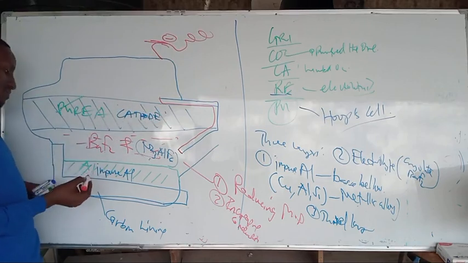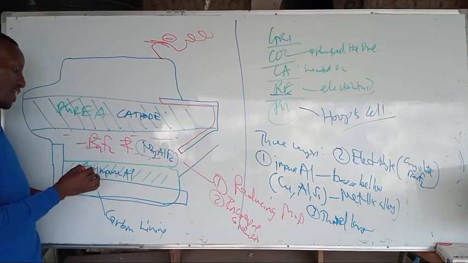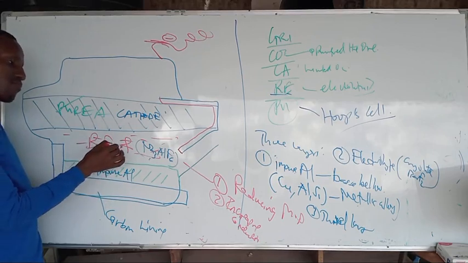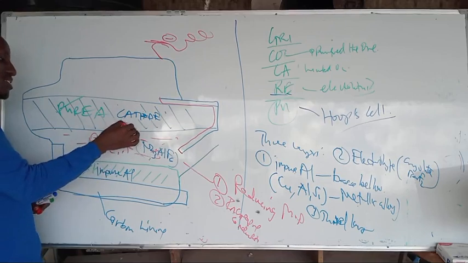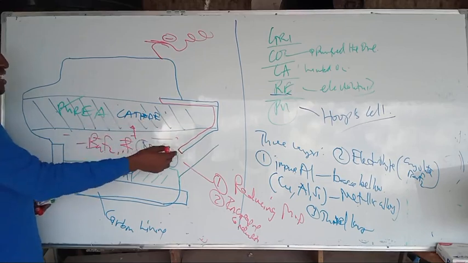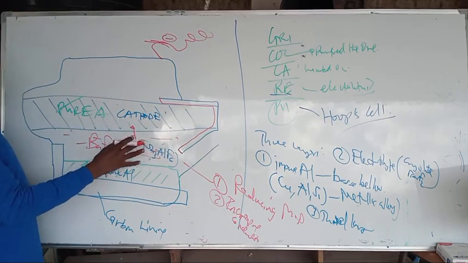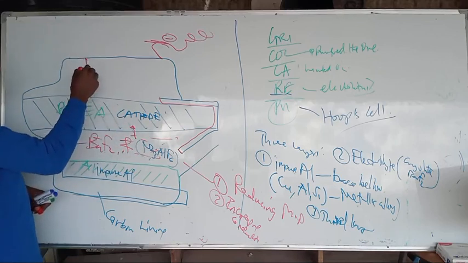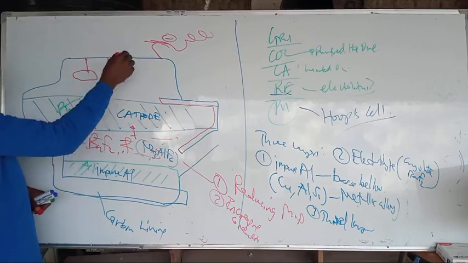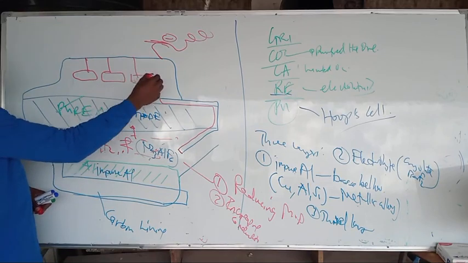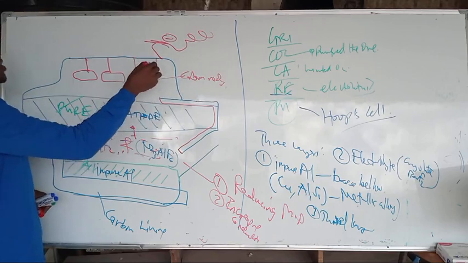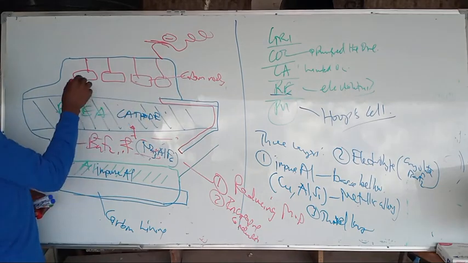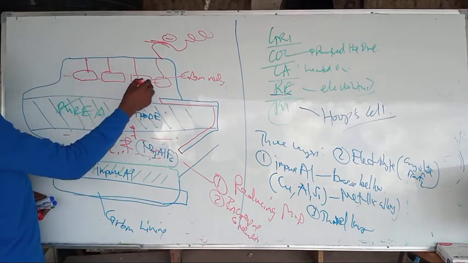So the aluminium from this electrolyte is being pulled, because this is done electrolytically. These are carbon rods, to induce current here to the pure metal.